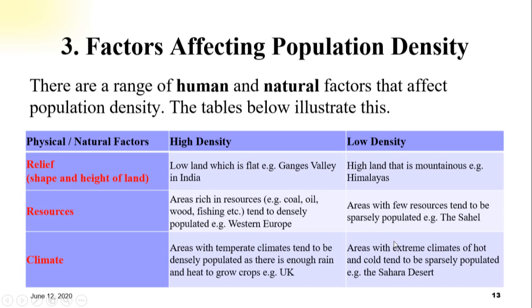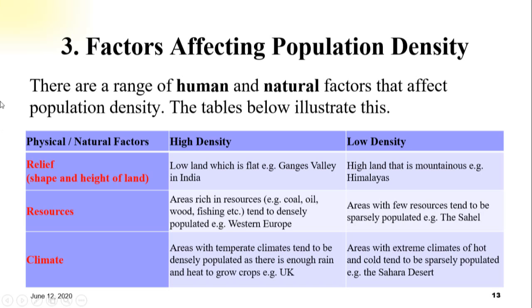Let's continue. Number 3, factors affecting population density. There are a range of human and natural factors that affect population density. The table below illustrates this. There are two parts.